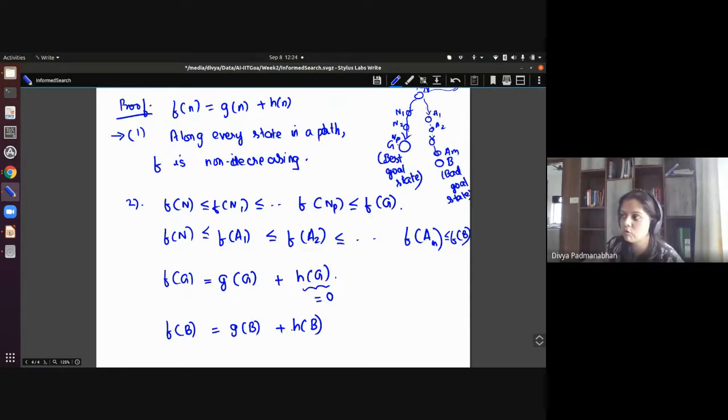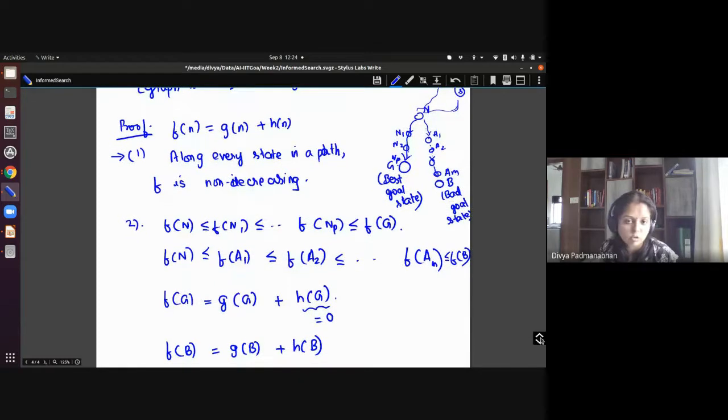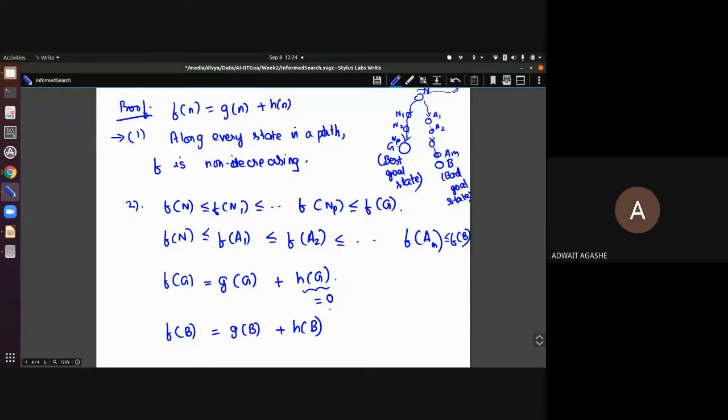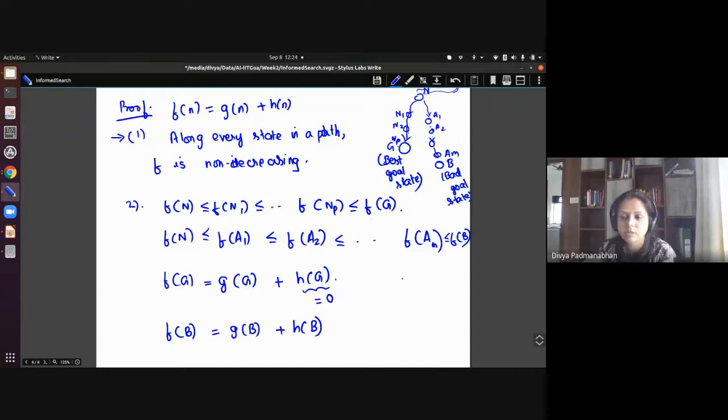H of b is how far you are from b to any goal state. It's a heuristic, so remember it's consistent. Can somebody tell me what h of b is going to be? B is also a goal state, so it should be 0.